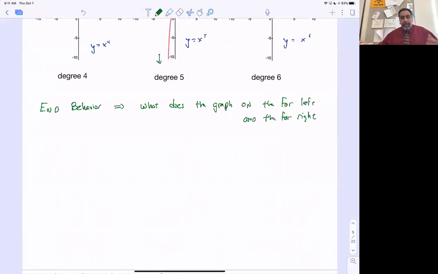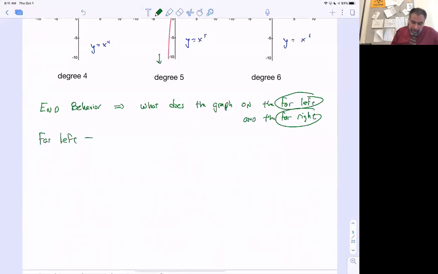It's all the way on the left and all the way on the right. So when we say the far left and the far right, there's a way to translate that. The far left implies that the x values are big, big, big negative numbers. It implies that x is going to negative infinity. And on the far right, what we're saying is that x is going to positive infinity.